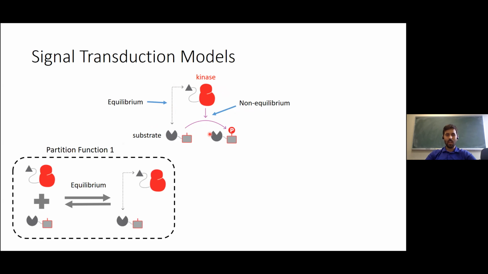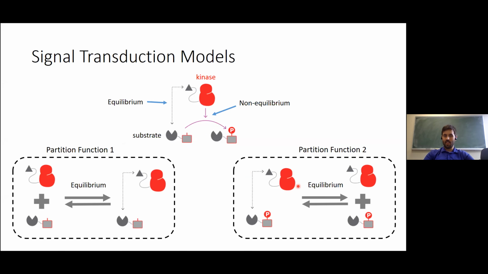But it turns out what you can do is break these systems into pieces which individually behave like nice equilibrium systems where you can write down partition functions. For example, I can write down a partition function for how the kinase binds to the unphosphorylated substrate. Separately, I can also write down a partition function for how the kinase binds to the phosphorylated substrate.